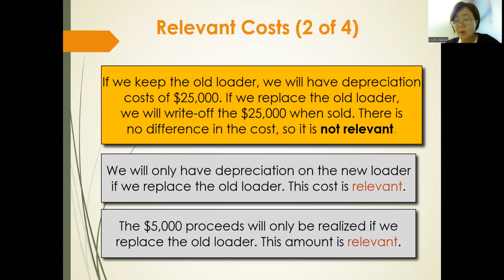Because the new loader can only be used for 1 year, this total 15,000 will be depreciated over the 1 year period. And also the 5,000 proceeds from disposing the older loader is an opportunity cost of using the older loader, which is relevant.